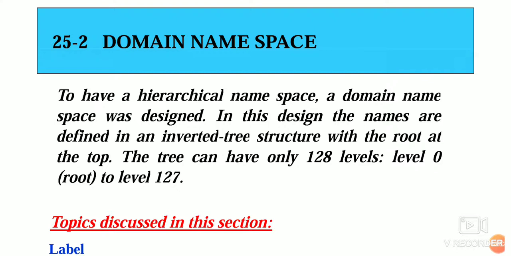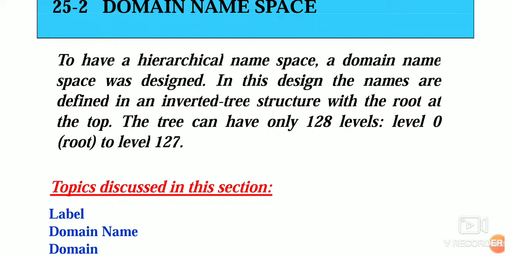A flat namespace is very simple: I have a namespace requirement and it is like a stored database, directly pointed to the flat space. In our DNS infrastructure, we use the hierarchical namespace. As I already told you, it is like an inverted tree structure. On top of the tree is the root domain, called level 0, and you can extend this hierarchical namespace up to the 127th level.